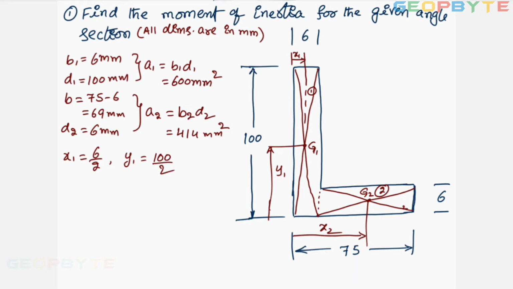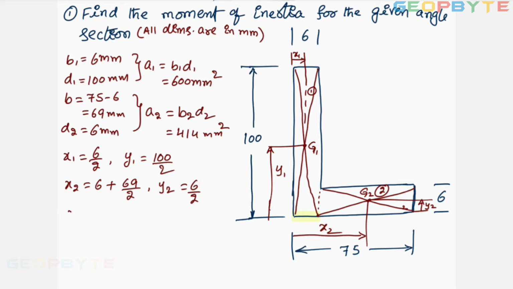Better to mark outside for avoiding the confusion. Now tell me x2 equal to this part plus remaining part. That part is 6 plus 75 minus 6, 69 by 2. Similarly, y2 equal to 6 by 2.